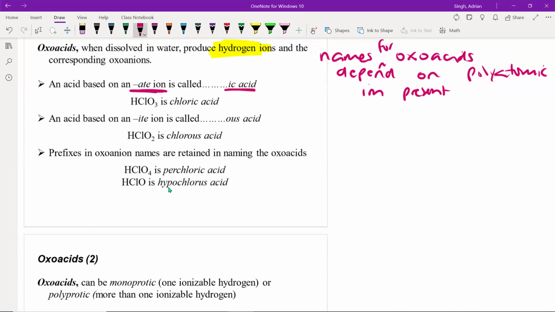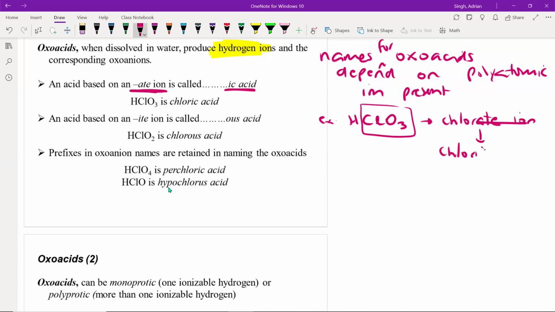So for example, HClO3 has the chlorate ion. So we would drop the ending here and replace it with ic. So this becomes chloric acid.